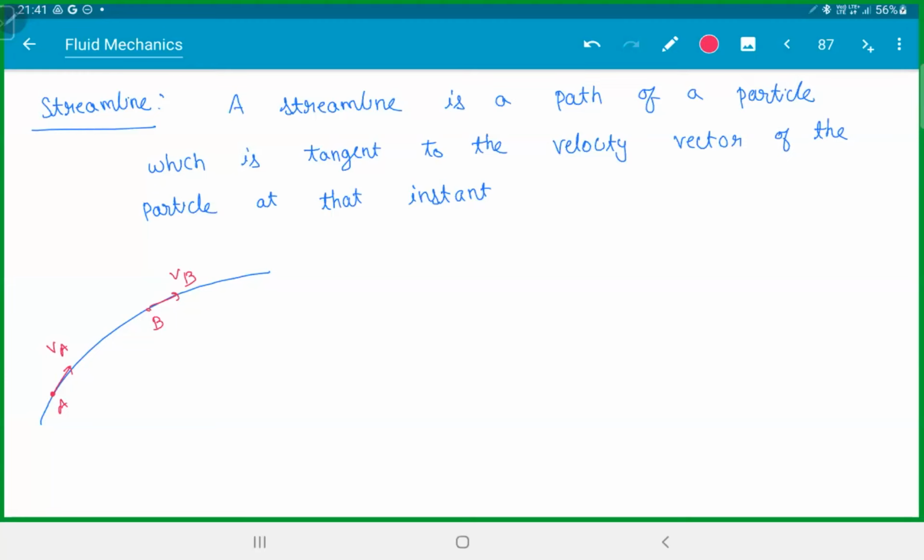Do you remember steady state? We defined this in heat transfer. Basically a streamline is the path of the particles.